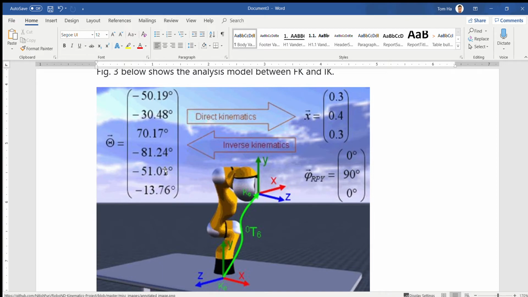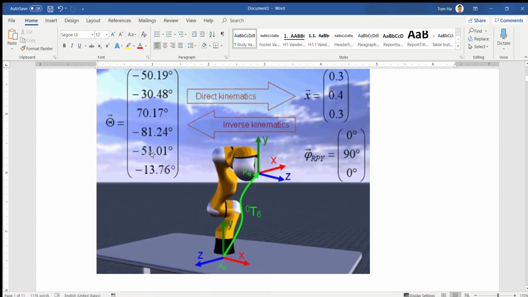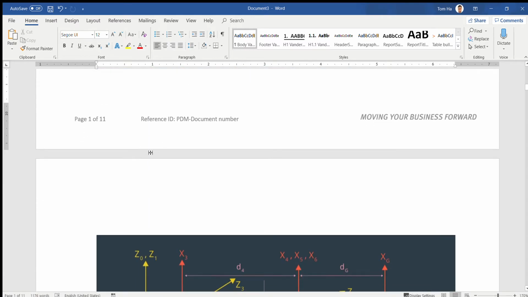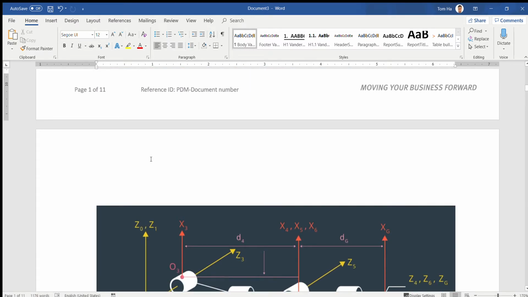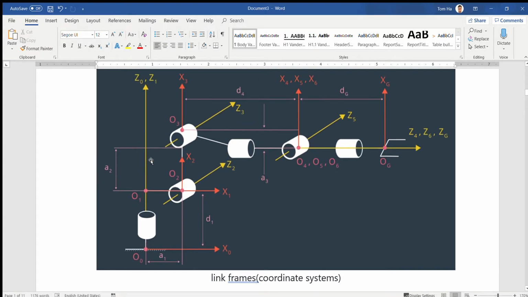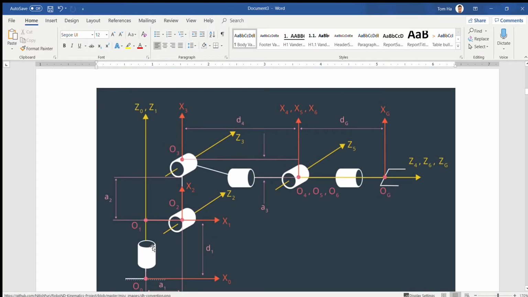That's the backward, right? Forward: you know the joint angles, you calculate the position and orientation. Inverse kinematics: you know the position and orientation, and you calculate the joint angles. That's it. So for this example, they have 6 revolute joints right here.